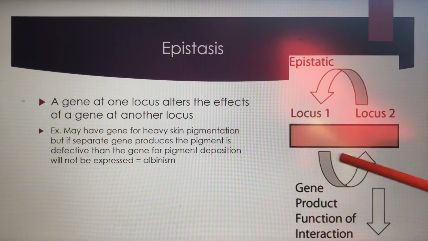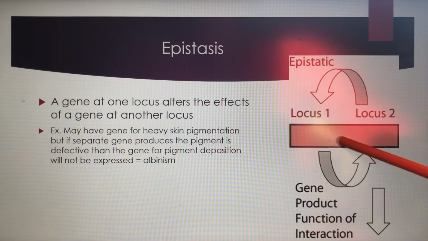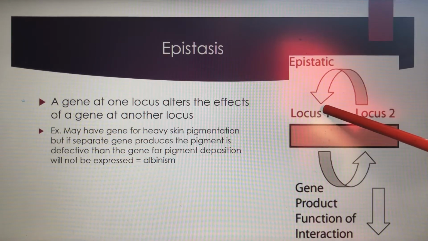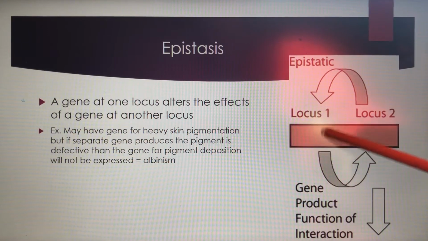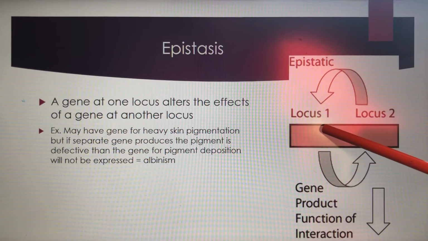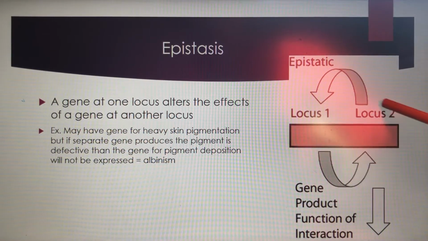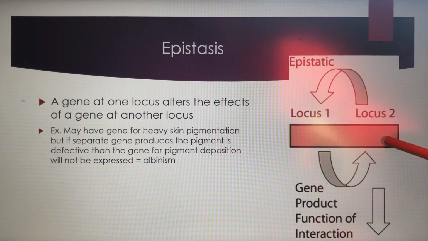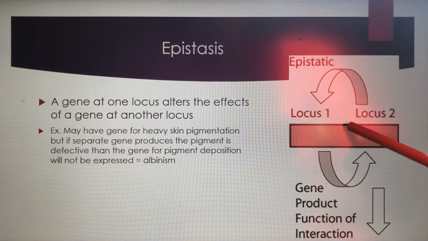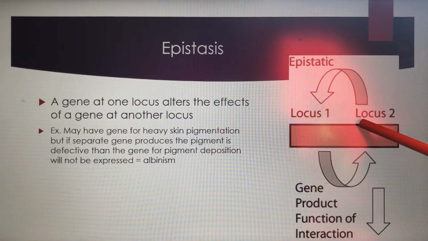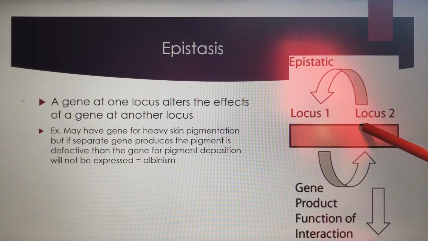So the gene for the production of pigment is controlled at this location. If pigment is produced, then the genes at location 2 matter. So if pigment is going to get produced, then we can decide if the mouse is going to be black or brown, okay?